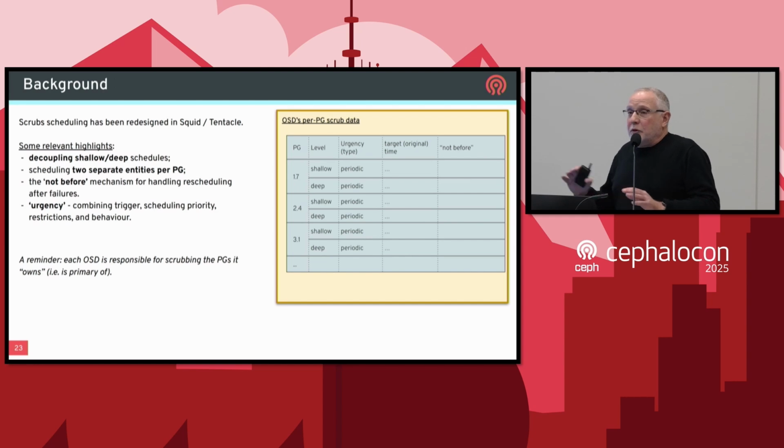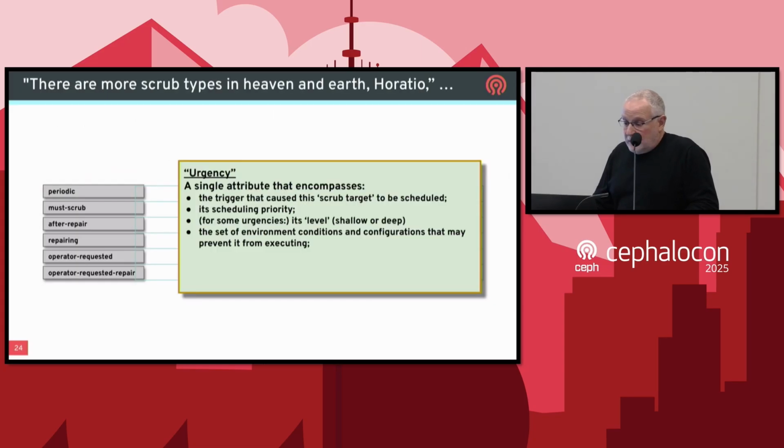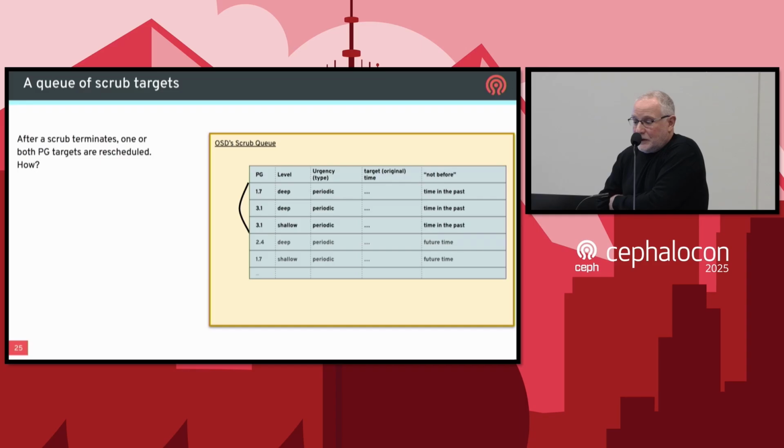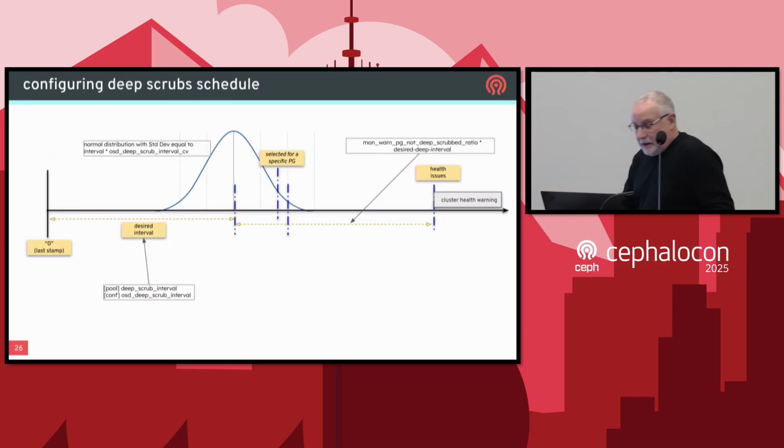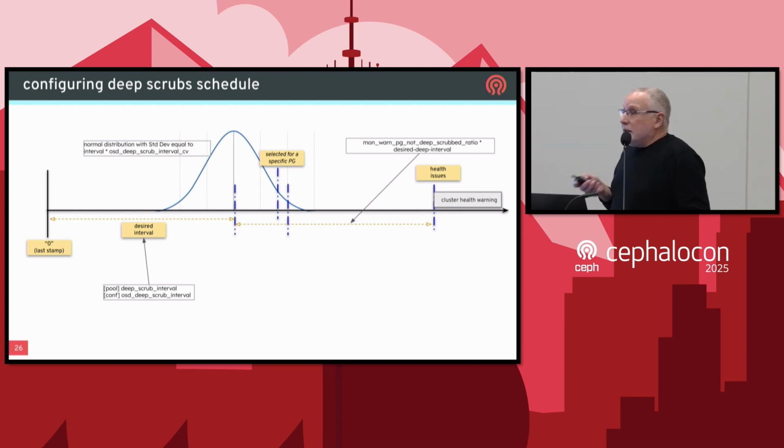There is almost no interaction now, apart from the obvious fact that if you just deep scrubbed a PG, it means that from a scheduling perspective you also shallow scrubbed it, of course. Apart from that, they are different, and that allowed us, I'm skipping things that you can take a look at later in the full presentation, to create a more reasonable, user-controllable scheduling of the deep scrubs.